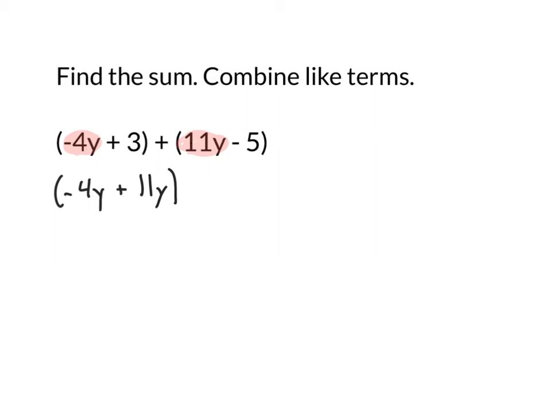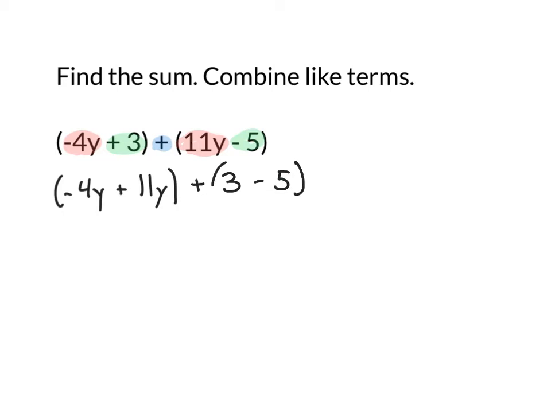And I'm just going to highlight this plus. So we've used that as well. What we have left is plus 3 minus 5. So let's add that to our expression. Plus 3 minus 5.